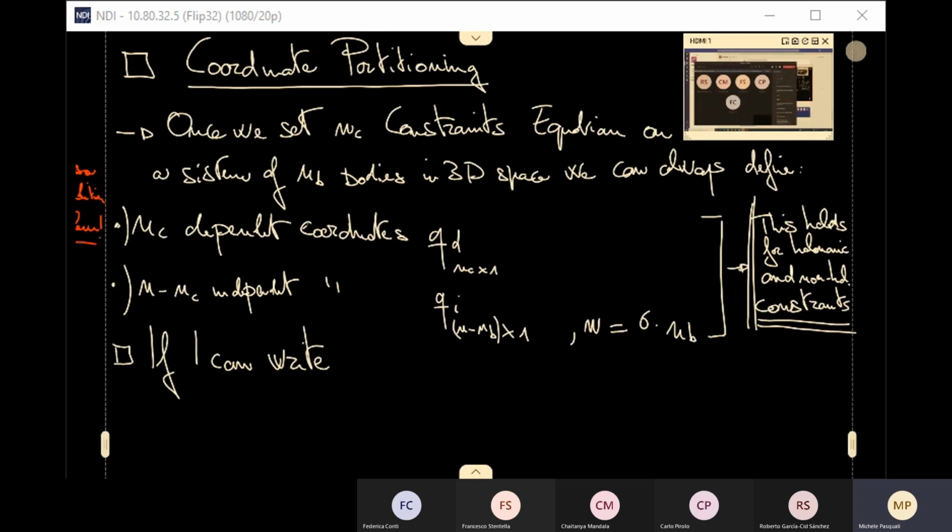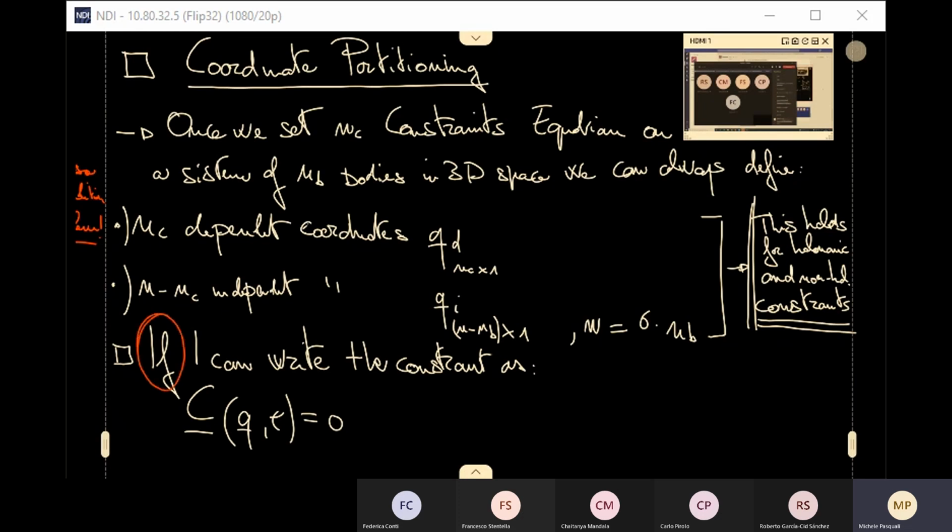But if I can write the constraint as C, meaning I'm talking about holonomic constraints, so this is a very important if.